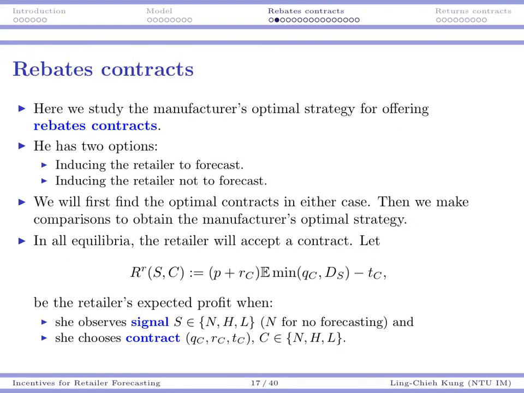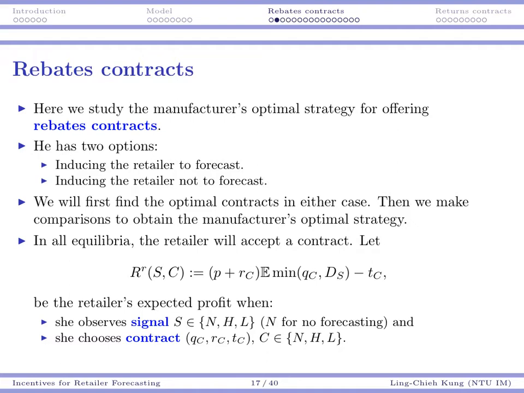And C is a contract, which means that the retailer chooses either Q_N, R_N, T_N or Q_H, R_H, T_H or Q_L, R_L, T_L. Okay, so S is the retailer's type, and C is the retailer's choice.